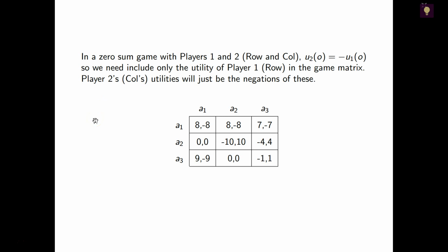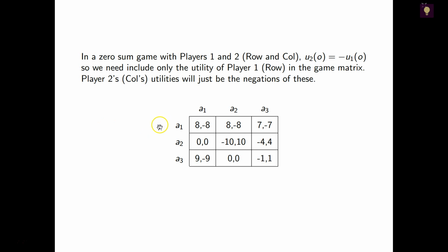Now let's move on. In a zero-sum game with players 1 and 2, row and column, U2 of an outcome is equal to the negation of U1 of that outcome. So we need include only the utility of player 1 in the game matrix.